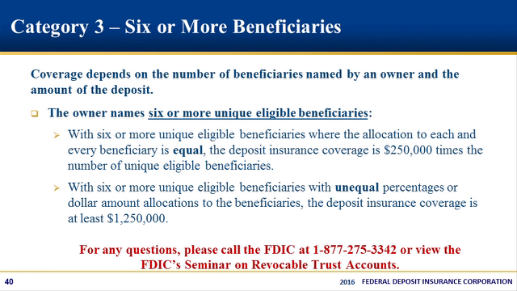An owner who has identified 6 or more beneficiaries with unequal interest is insured for up to at least $1,250,000. If you have questions regarding a revocable trust account, naming 6 or more beneficiaries with unequal interests, please contact the FDIC toll-free at 1-877-275-3342 and ask to speak to a deposit insurance subject matter expert.